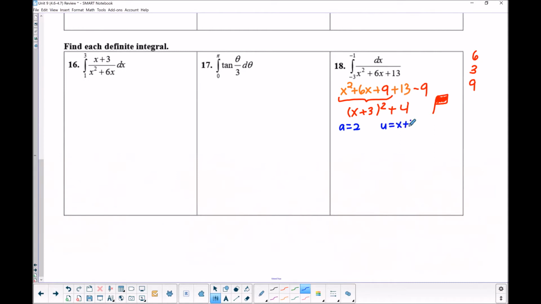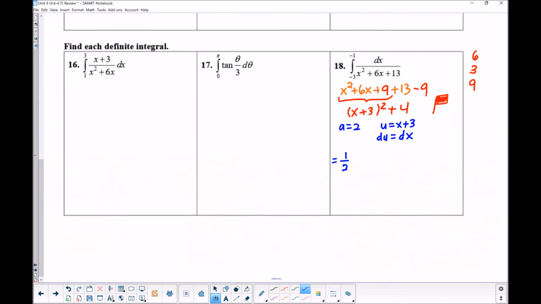I'm hoping that I'm not bothering anybody by bypassing writing a squared and u squared. I think you guys know those at this point. And I know that many of you don't write du equals dx when you know it doesn't matter. And that's okay. Won't lose anything for it. So then you think, okay, arctan, does it have a 1 over a? It does. Do we have an offset constant as well? We do not.